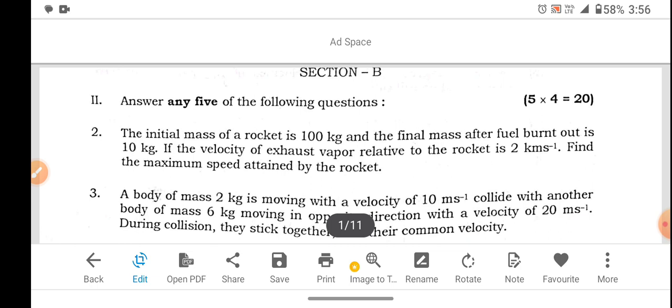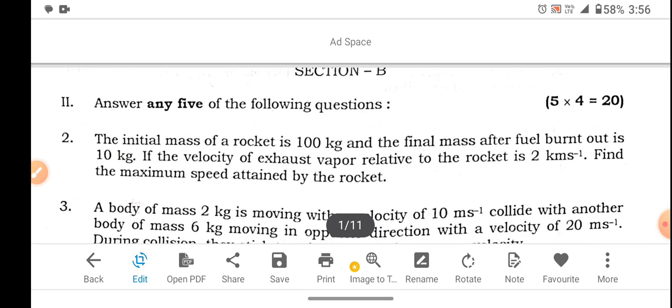The first question is, the initial mass of a rocket is 100 kg and the final mass after the fuel is burnt out is 10 kg. If the exhaust velocity relative to the rocket is 2 km per second, find the maximum speed attained by the rocket.